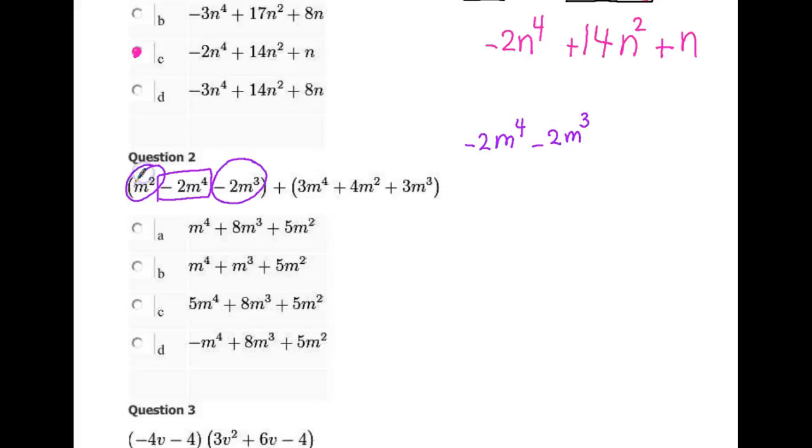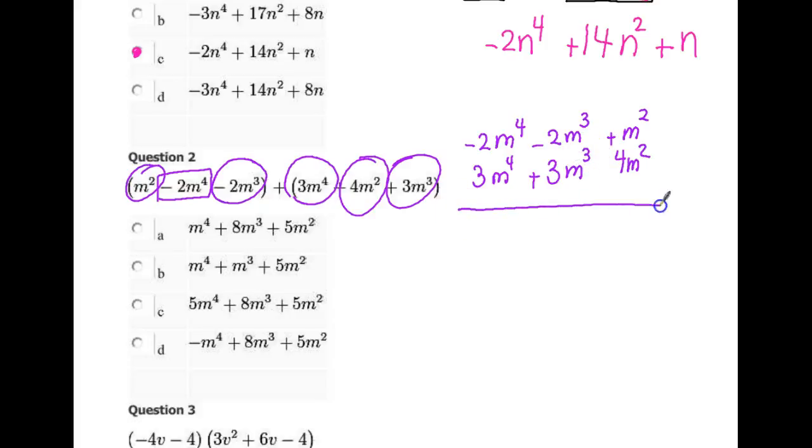Then my m squared. Then I'll do the same here. Have 3m to the 4th. Now, the 4m squared, make sure you put it under the m squared. And then the cube is under the cube.